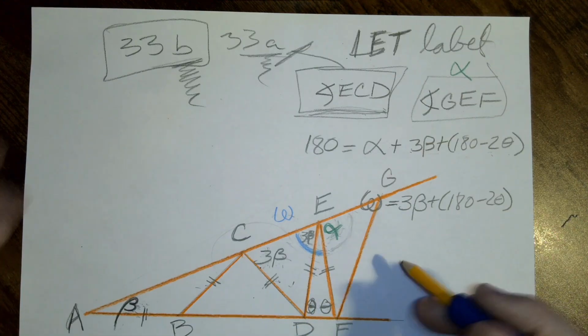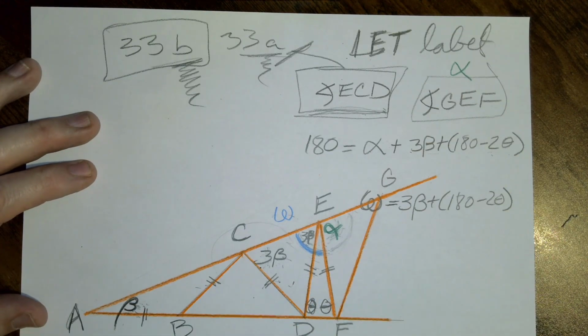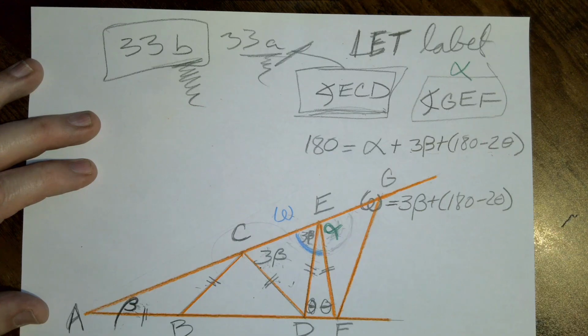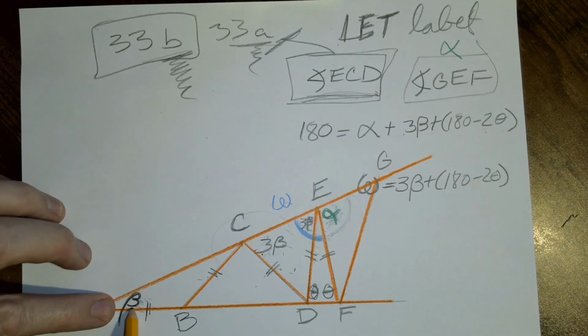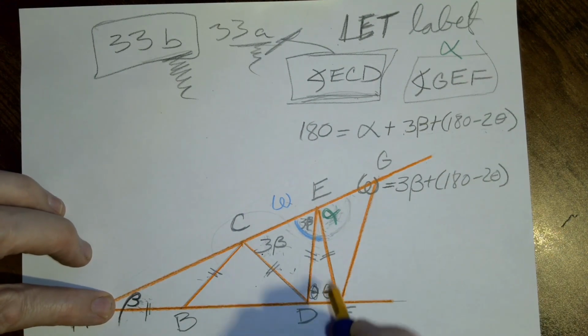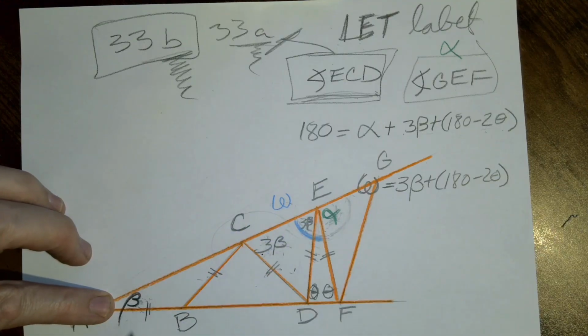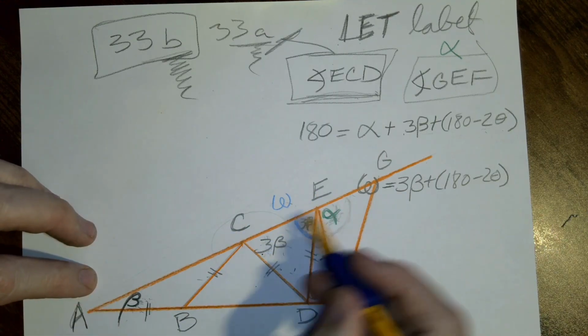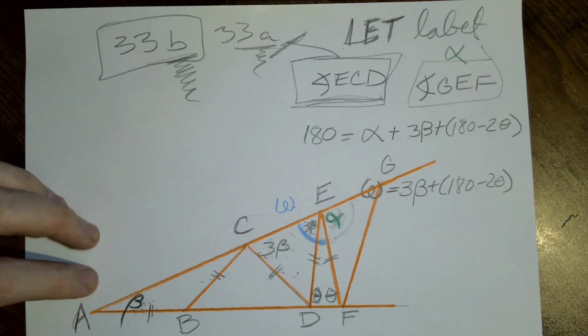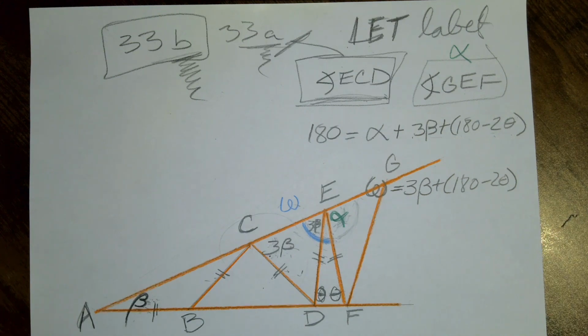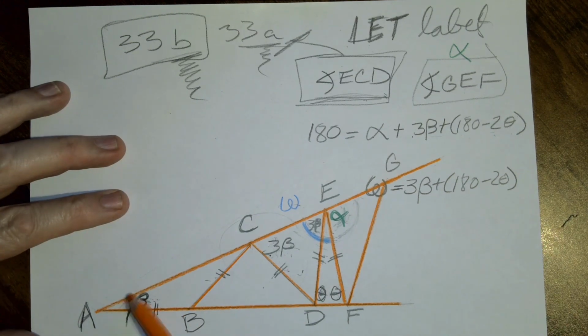Now we know that beta plus theta plus omega is 180, because we have a trigon here, and this trigon.